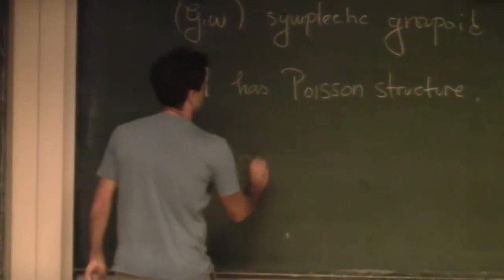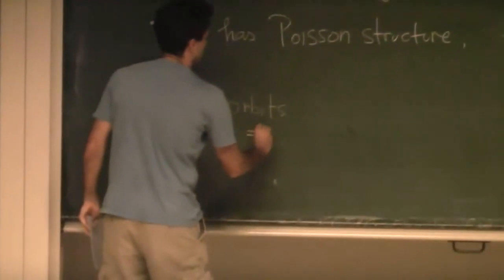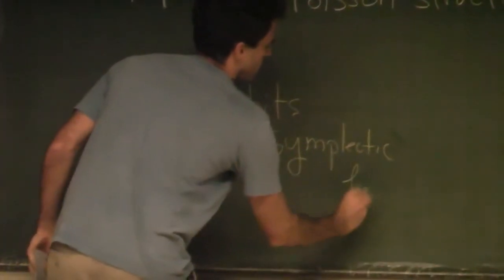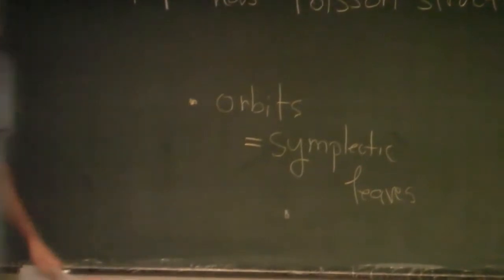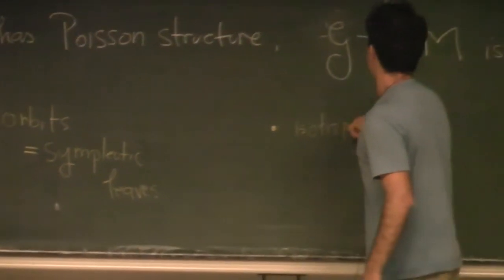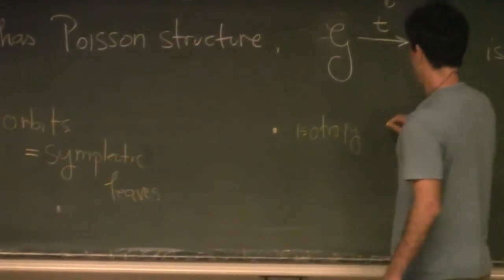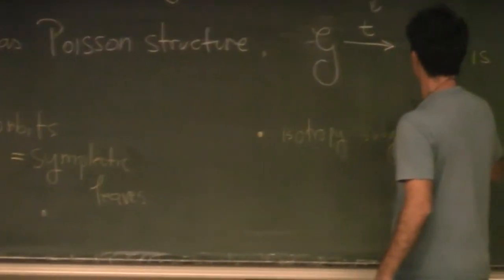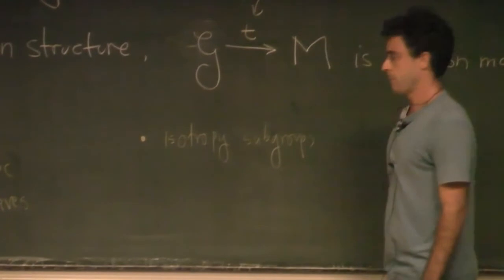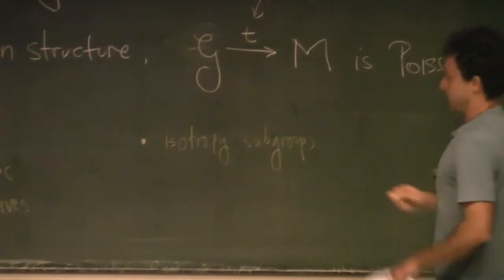The first remark is that, as I told you, groupoids always have orbits in general. In the case of a symplectic groupoid, the orbits are just the symplectic leaves of the Poisson manifold. The other observation is that the other key ingredient of a groupoid is that it has isotropy subgroups, all the arrows that begin and end at the same point.